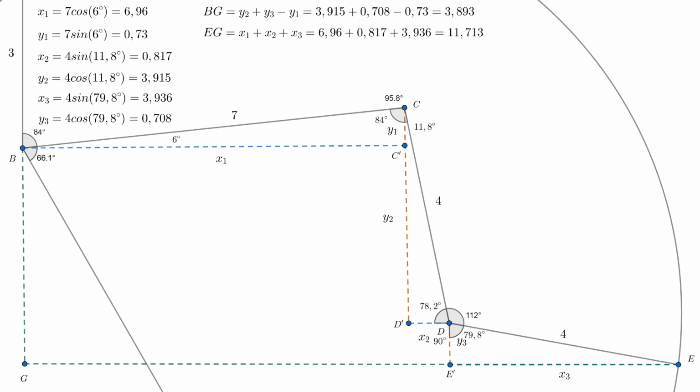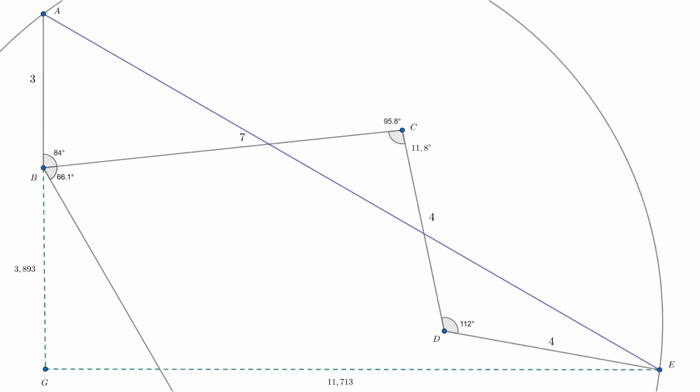Now we'll calculate the length of the chord AE. Since BG is 3.893 and AG is 3 plus 3.893, which is 6.893, and EG is, as we said, 11.713, AE is, from the Pythagorean theorem, square root of 6.893 squared plus 11.913 squared equals 13.59.